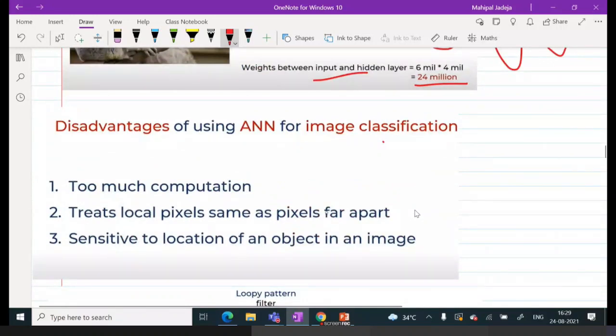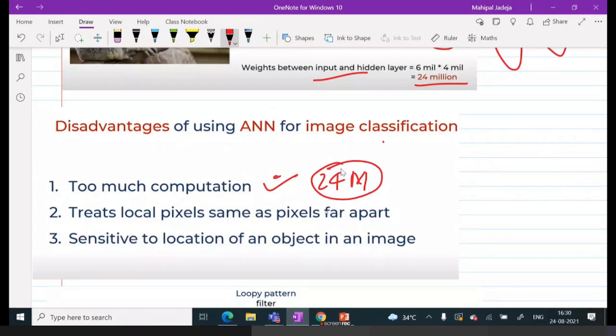Like I mentioned earlier, the first issue is too much computation. In this particular case, we know 24 million weight parameters are required, which is a very big number and difficult to compute on the machine, even to store, forget about computing. The second thing, as we have just discussed, is sensitivity to the location of the object in an image.